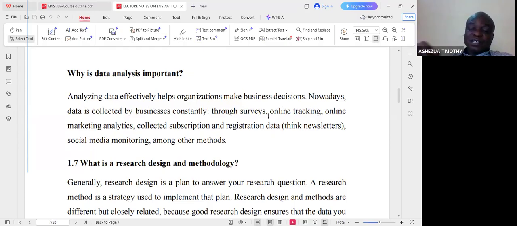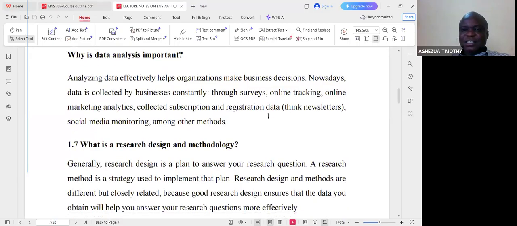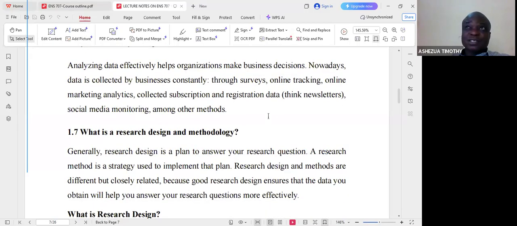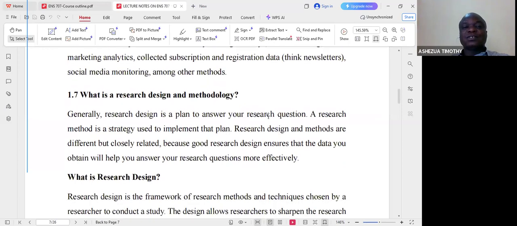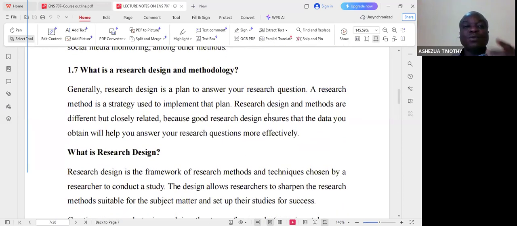You deploy the appropriate statistical tool for that question. That's why I said a research method is a strategy used to implement that. So research design and methods are closely related, because good research design ensures that the data you obtain helps you answer your research questions more effectively. Now, this research design itself, what is it?